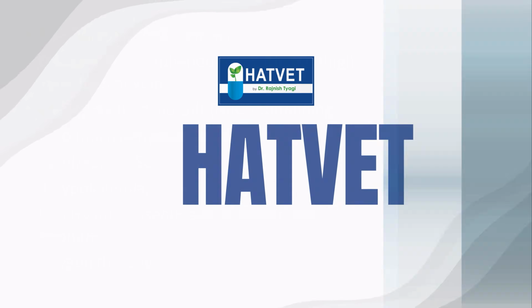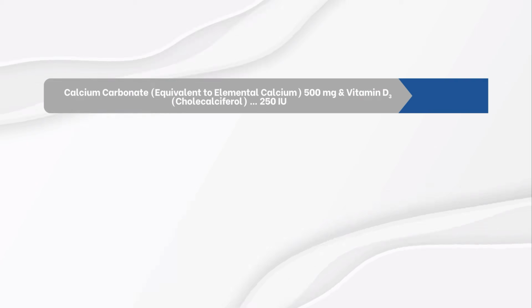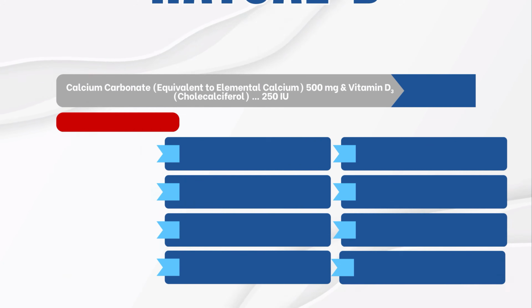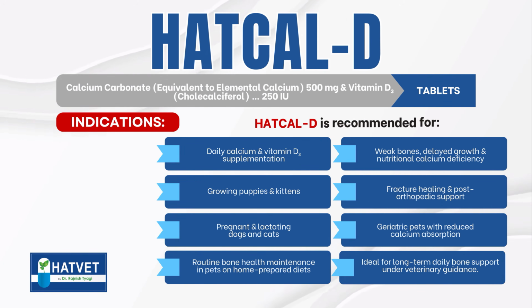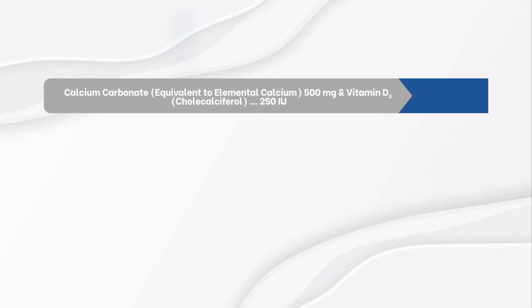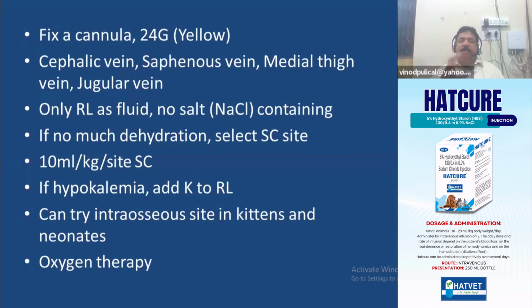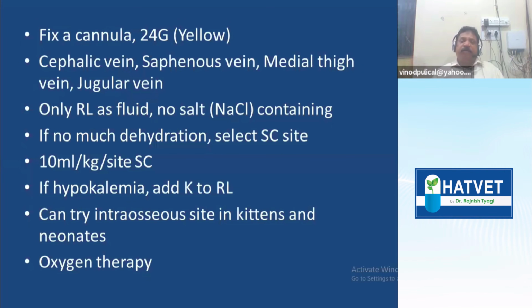If there is massive or dangerously low hypokalemia, we can add potassium chloride, the same 15 milliequivalent per liter.